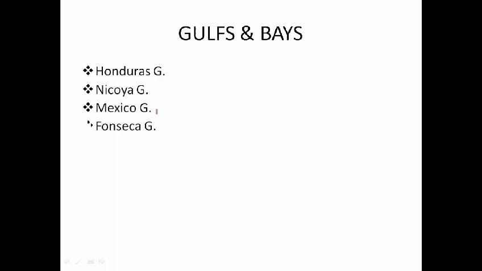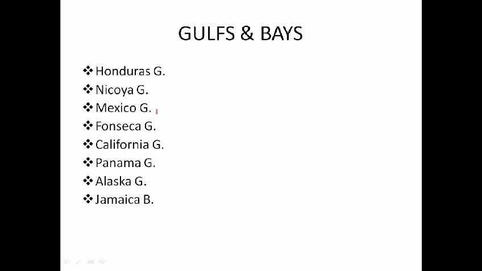Now after the big islands, it is gulfs and bays, and you might have understood why in the very beginning I took time to define these gulfs and bays. Now let us see the Gulf of Honduras, Gulf of Nicoya, Gulf of Mexico, Gulf of Fonseca, Gulf of California, Gulf of Panama, Gulf of Alaska, Jamaica Bay.